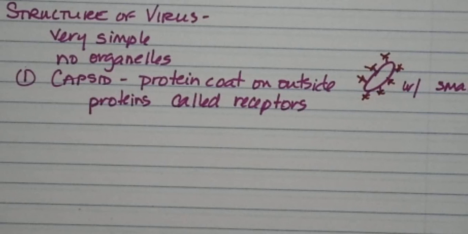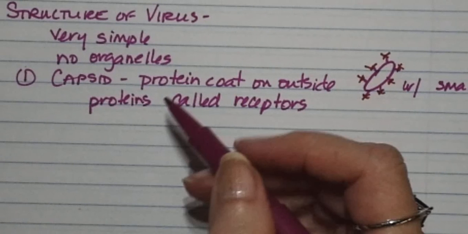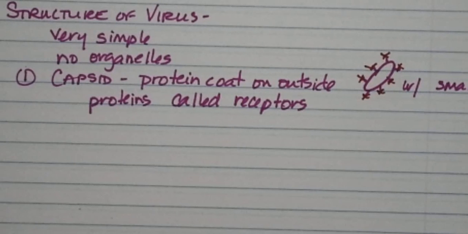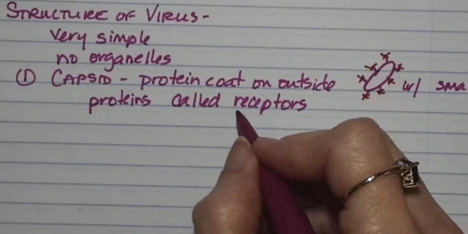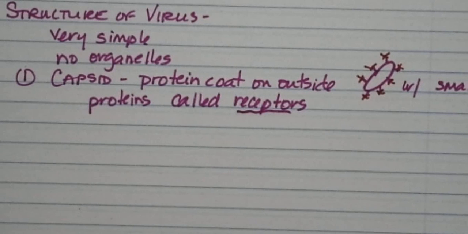Okay, so we have the capsid, and that's the protein coat, and then on the outside of that protein coat, you have these little bitty, smaller proteins called receptors. Okay, so let's talk about those receptors a little bit.